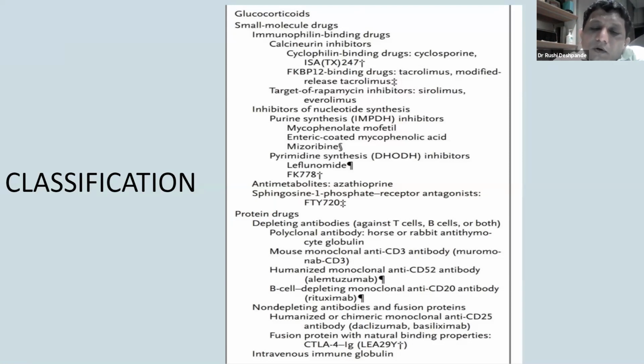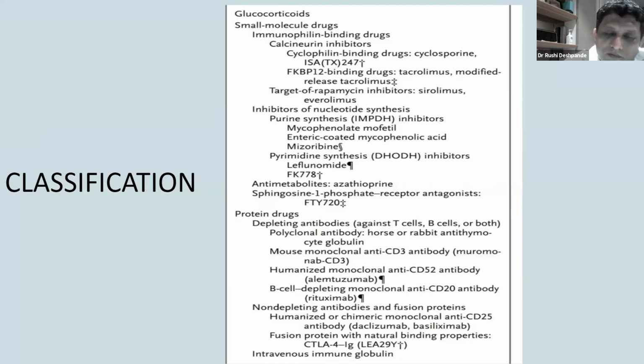The OKT3 or the anti-CD3 or the Muromonab CD3 as it was called, again, was a very strong antibody against CD3, but it is not as commonly used because it is a mouse antibody and it will cause a second dose reaction sometimes. Campath, not available in our country, but fairly commonly used in a lot of centers in the US.